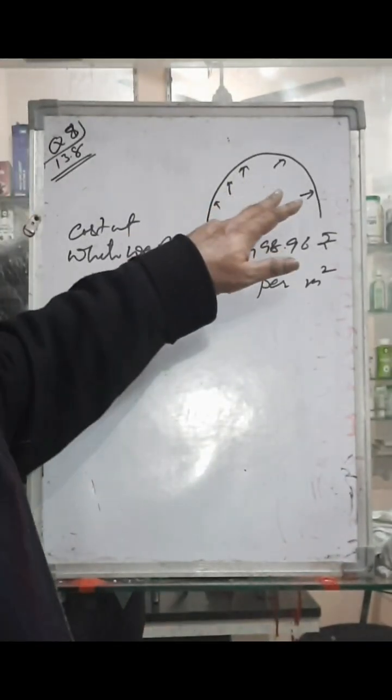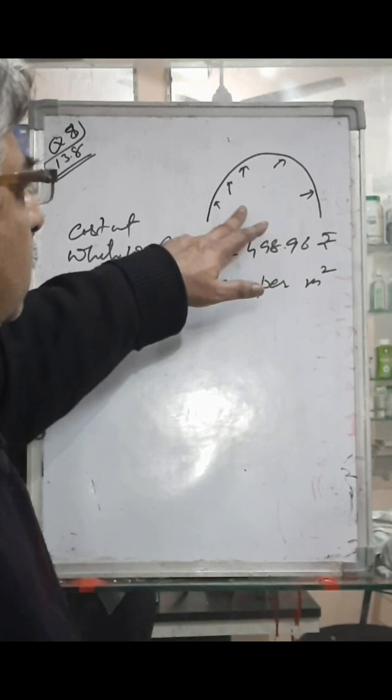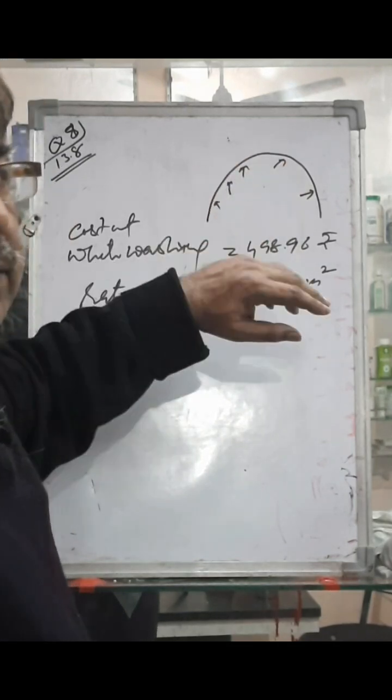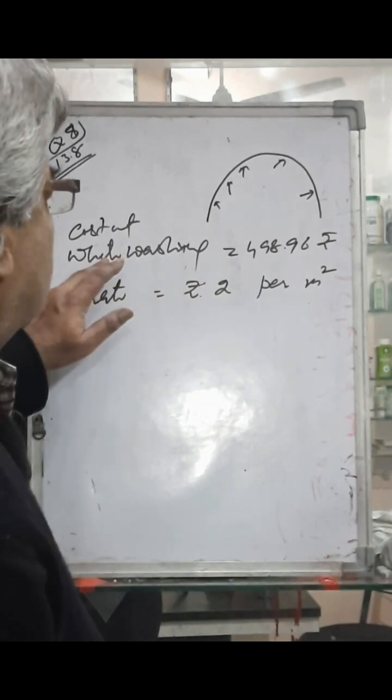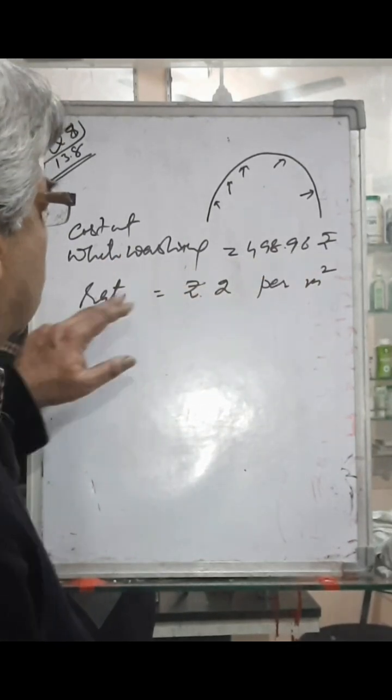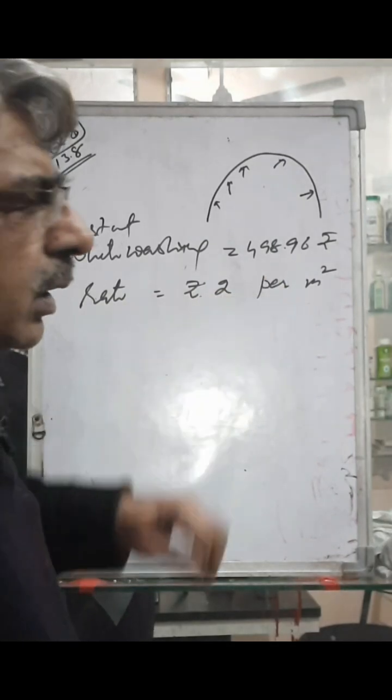We have a hemispherical dome over a building and inner surface is whitewashed. Total cost is 498.96 rupees and the rate of whitewashing is rupee 2 per meter square.